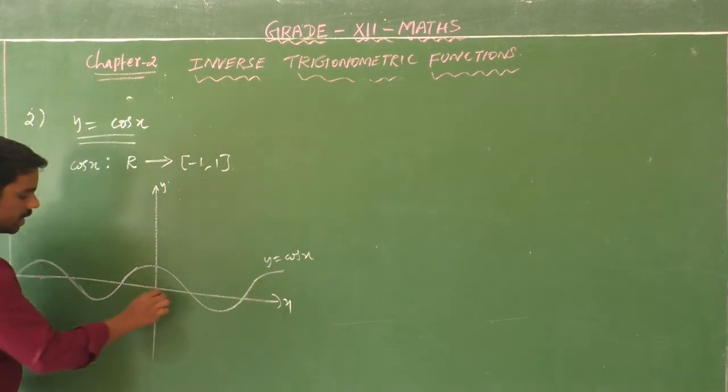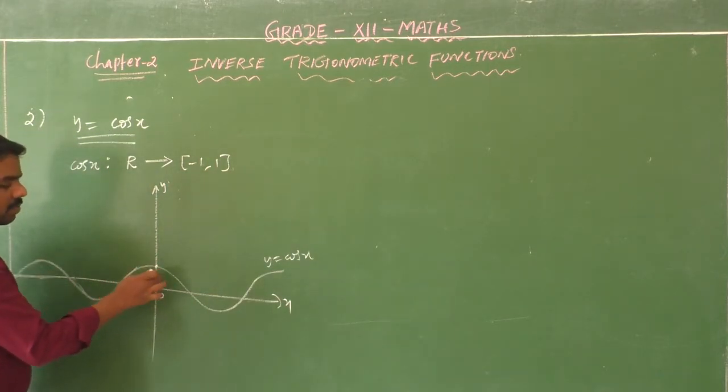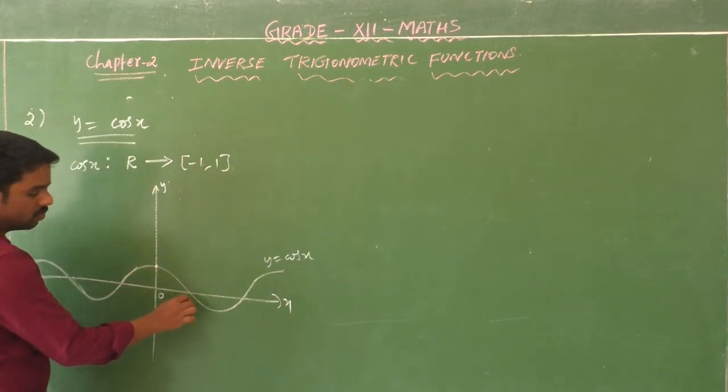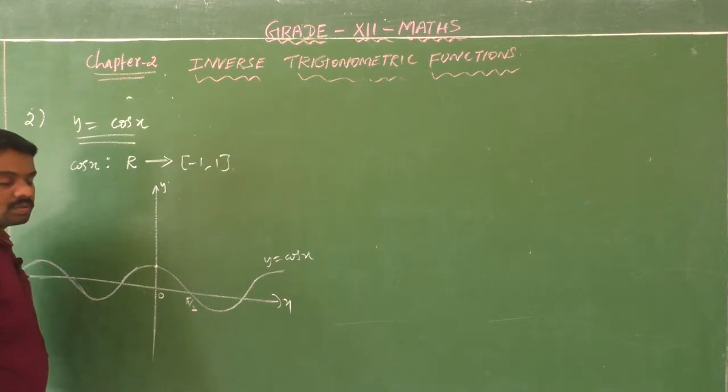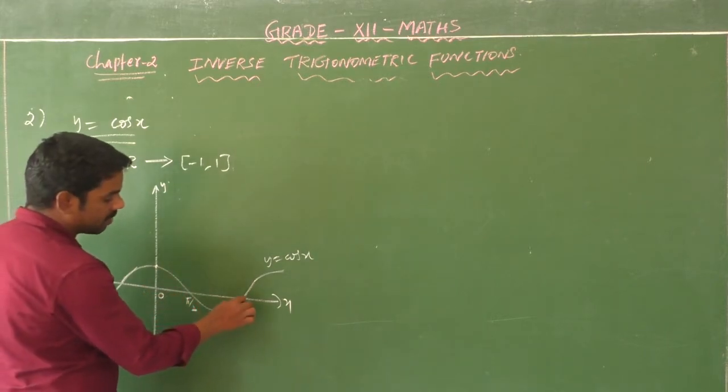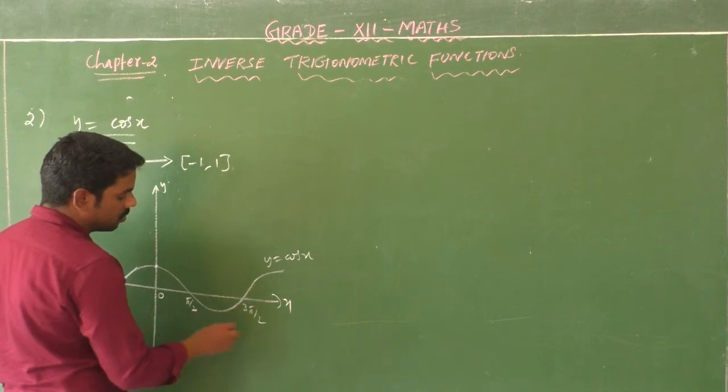Cos 0 is 1, so this is the point 0 comma 1. Cos pi by 2 is 0, so this curve cuts the axis at x equal to pi by 2 and x equal to 3 pi by 2.